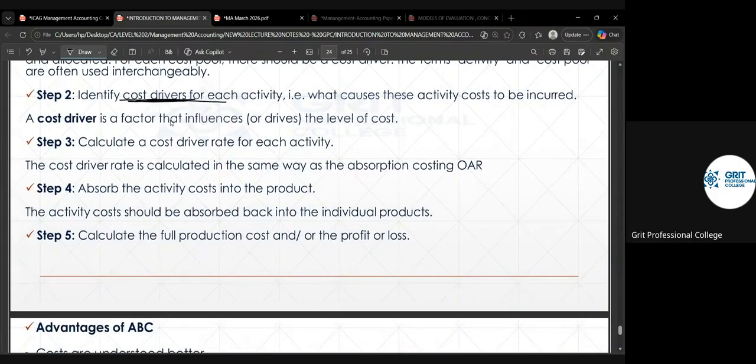Then step 3, we calculate what we call the cost driver rate, which is similar in some way to the OAR under the absorption costing approach. Once you determine the cost driver rate in ABC, that is what you are going to use to charge your overheads into your product.